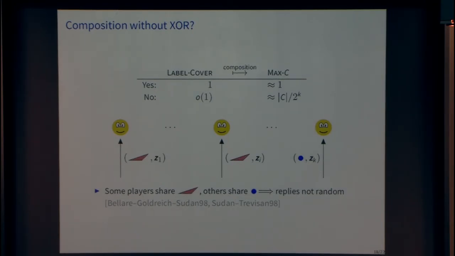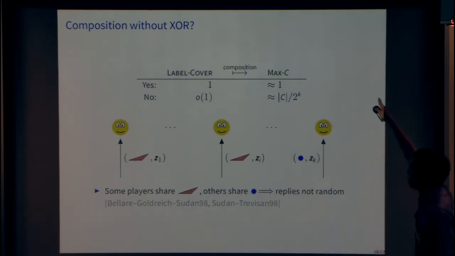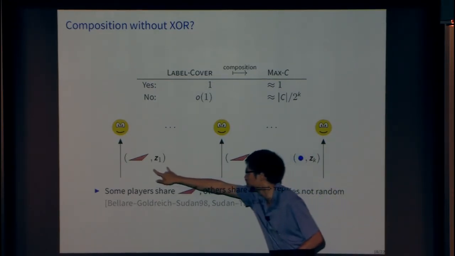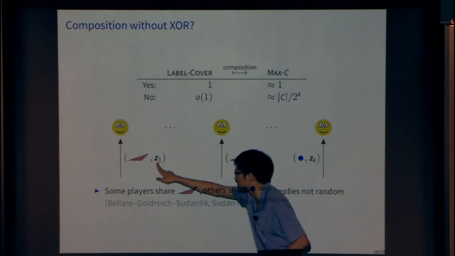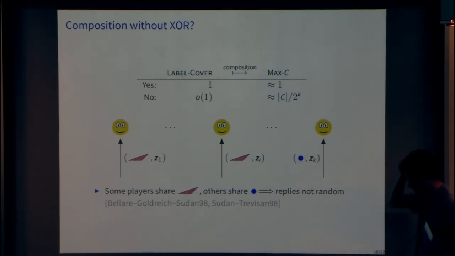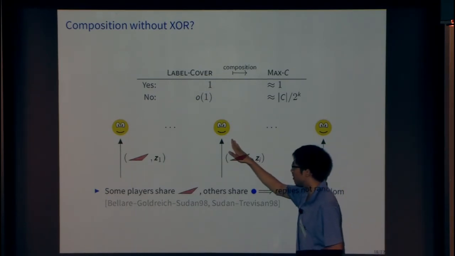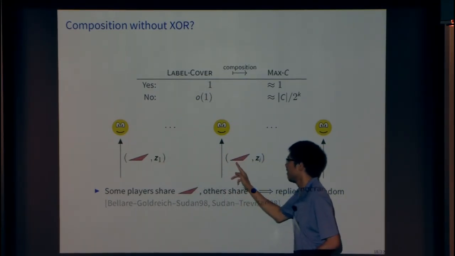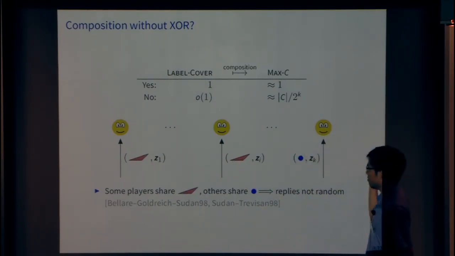Here I will just say one word. What goes wrong if we just do a composition without the XOR step that we introduced earlier? The problem is each player. The question to each player is a clause plus a set of satisfying assignments, or a set of variables plus a set of satisfying assignments. So some players will share the same clause, and other players will share the same variables.